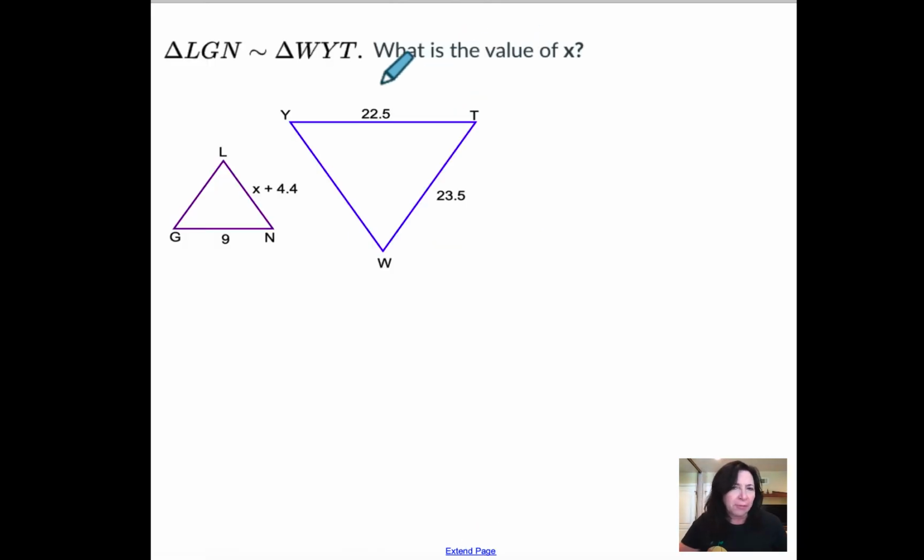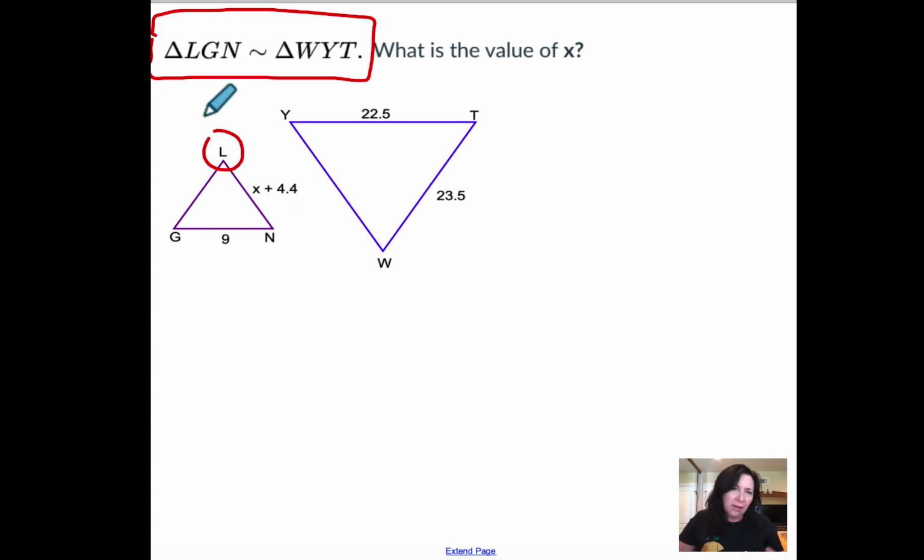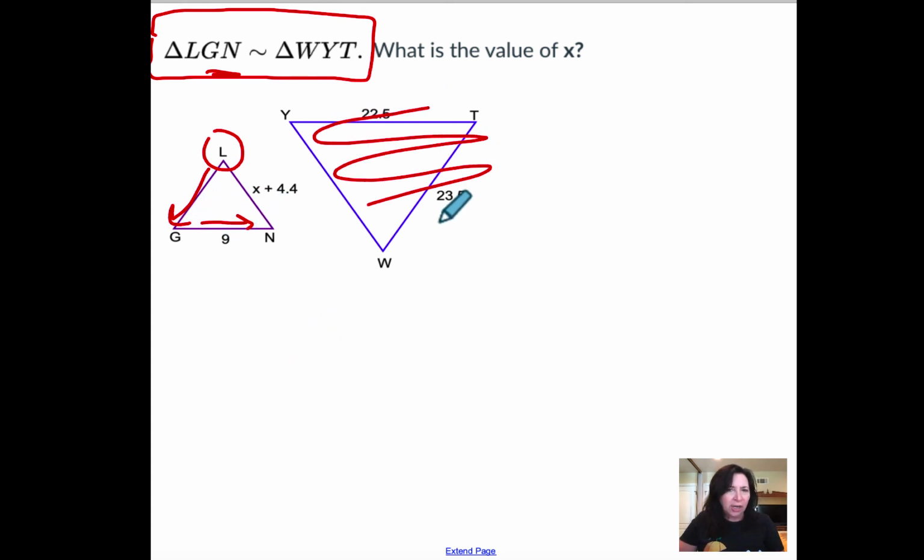For this problem here, this statement right here tells me, number one, that the two triangles are similar. Number two, it tells me the order that they're similar. So we've got L, G, N. So see how this goes, L, then G next. So then left and then right, which means I'm actually not even going to look at this right now.